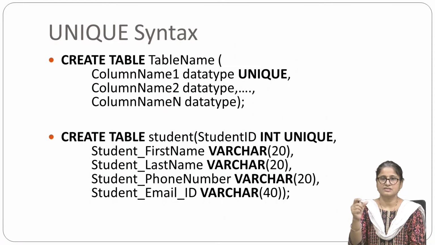Once all these IDs have been inserted into the database, you cannot have duplicate values of the student ID. For the remaining columns, first name, last name, phone number, you can have duplicate values. But for student ID, you should have a unique value.